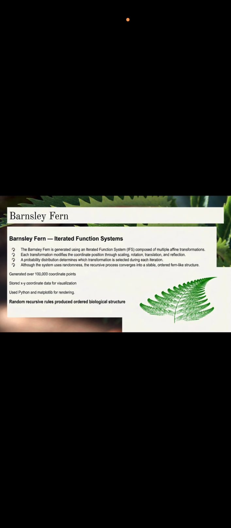Through the same process of rotation and translation, more stems and more leaves are built off of that stem, and you continue this process indefinitely. So for this one, this is the picture that was generated through my code.